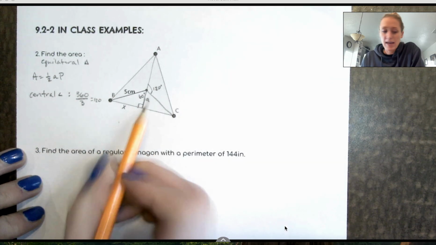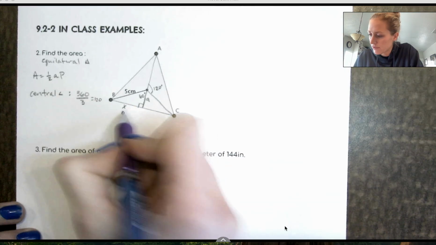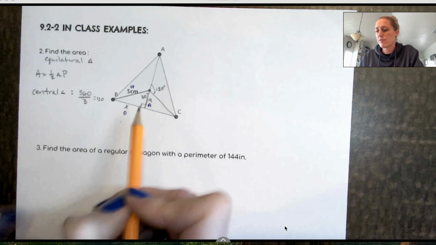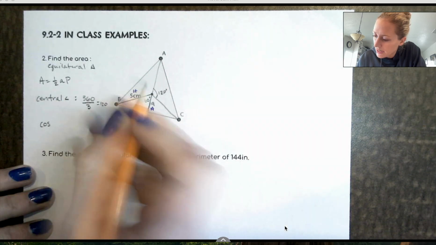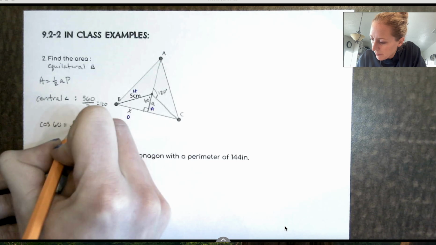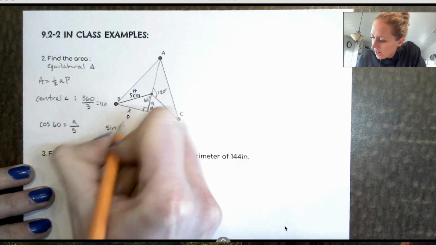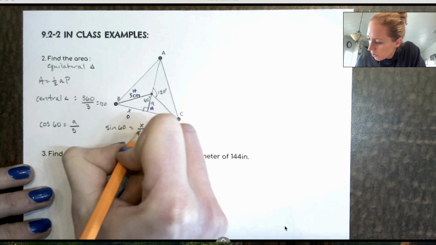I'm going to start with A. Here is my reference angle, and here's my opposite, adjacent, hypotenuse. I'm going to find A first. So I'm going to do A and H, which is cosine. Cosine of 60 degrees is adjacent over hypotenuse. I'm also going to find X using sine, opposite over hypotenuse. So sine of 60 equals X over 5.